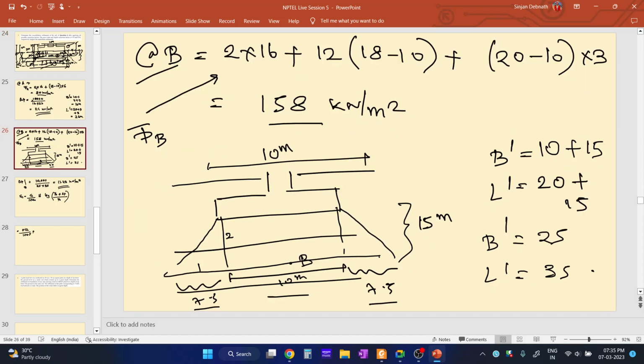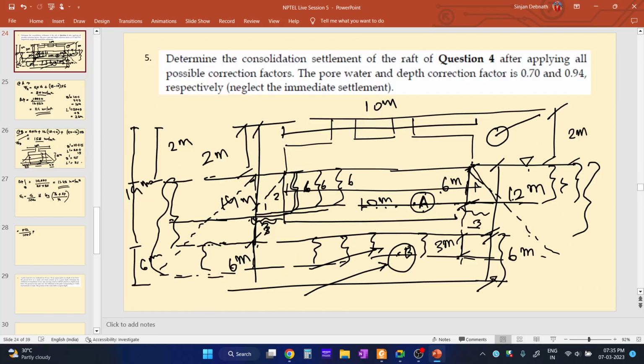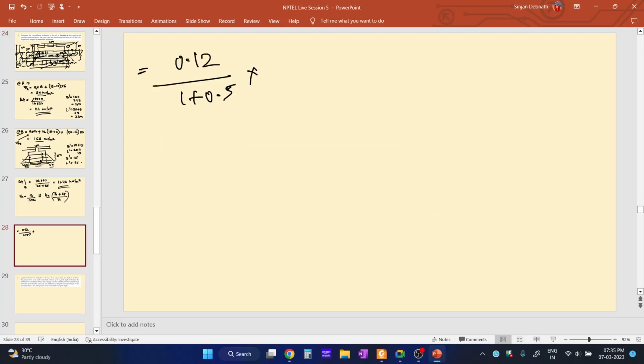The thickness of the first layer from the ground surface is 14 meter. The depth of the footing is 2 meter. If we subtract 2 from 14, we get 12.